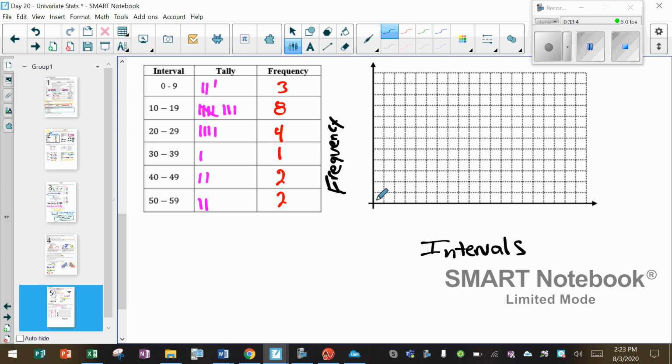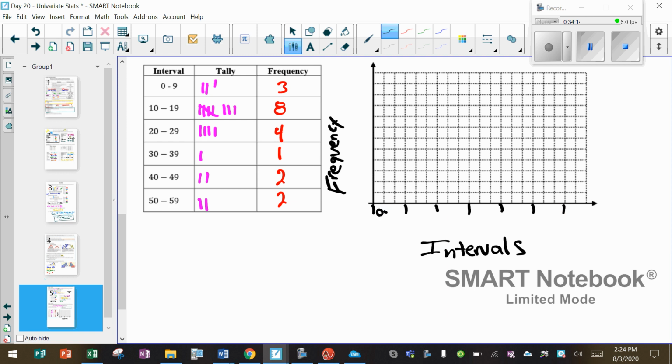So let's see, I have 20 boxes divided by 6, and I need it to come out to be a whole number so that every interval is the same width. That means they will all be 3 boxes wide.